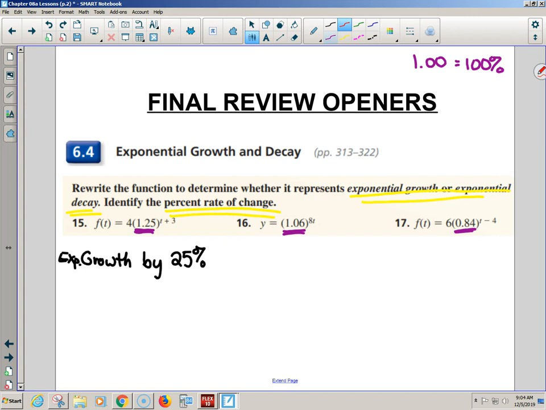Growth or decay? And by how much? If you tell me growth or decay and by how much, you've just finished. Oh, yeah. Some of you, the mental math might be a little bit sticky.